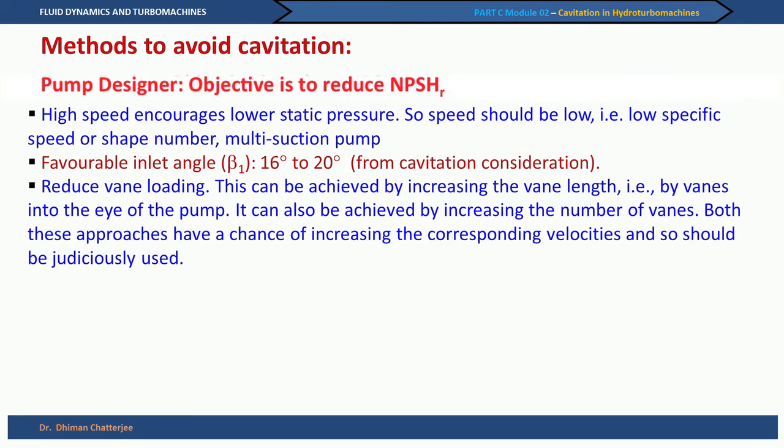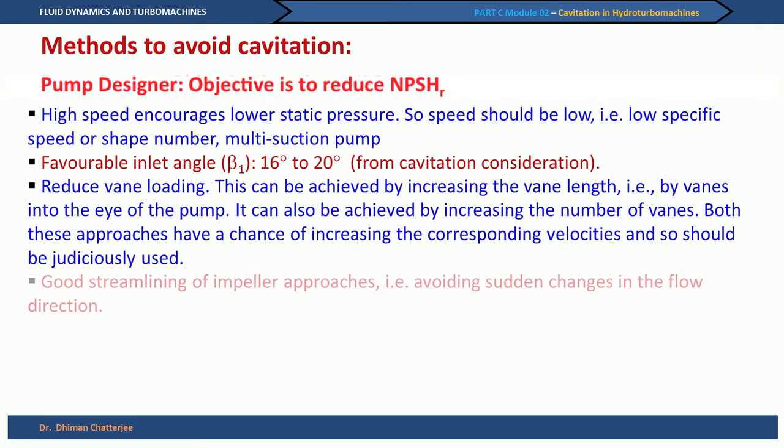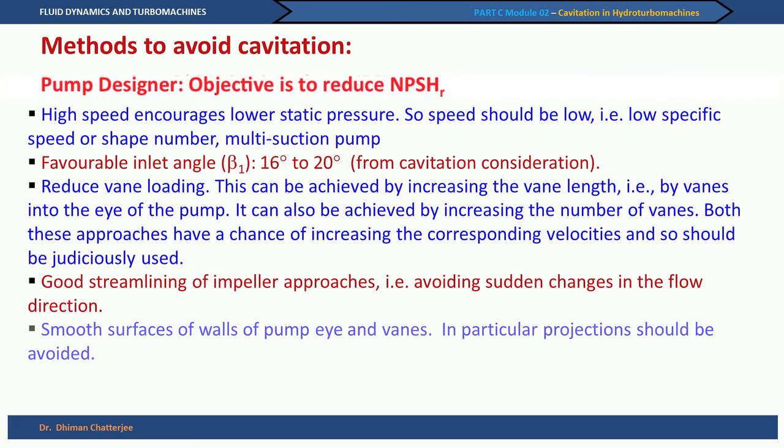So, we should use this reduction of vane loading, by either increasing the vane length or increasing the vane number, very judiciously. Then good streamlining of the impeller approaches should be made, that is, we should try to avoid sudden changes in the flow direction as much as possible, and we should try to avoid any particular projections etc.